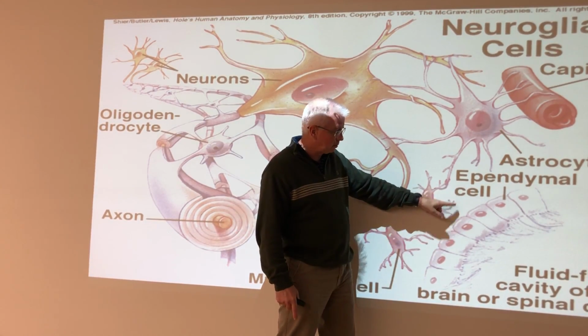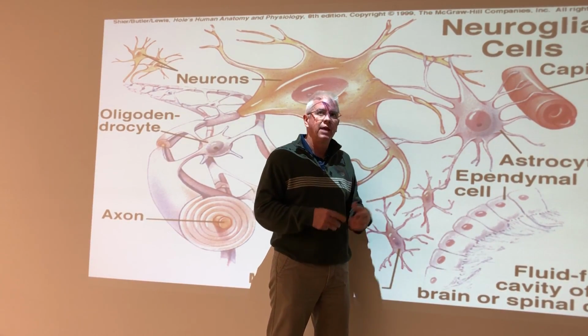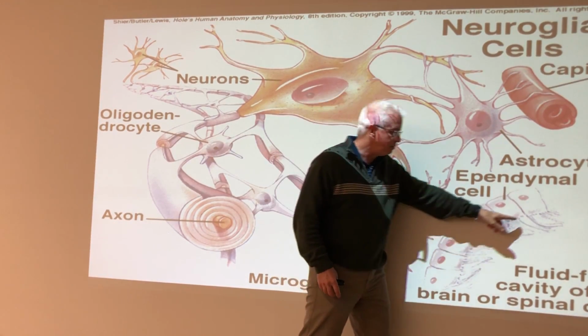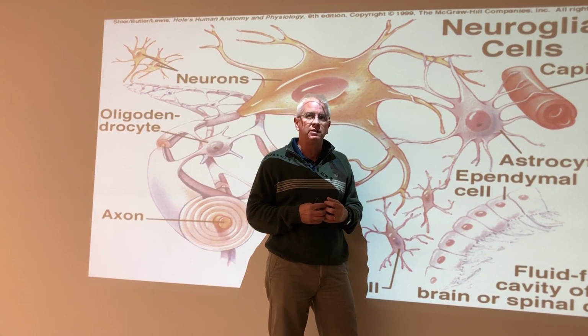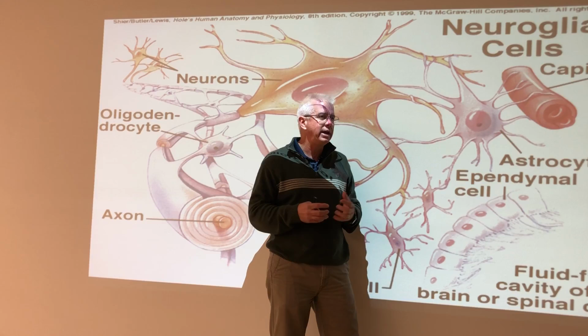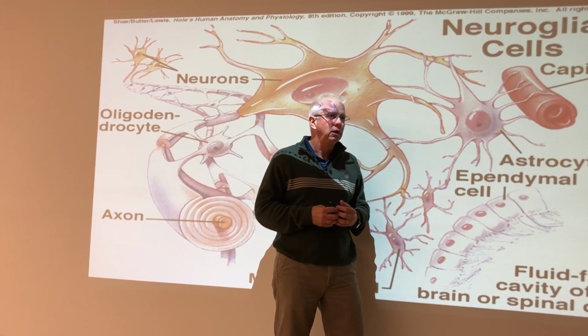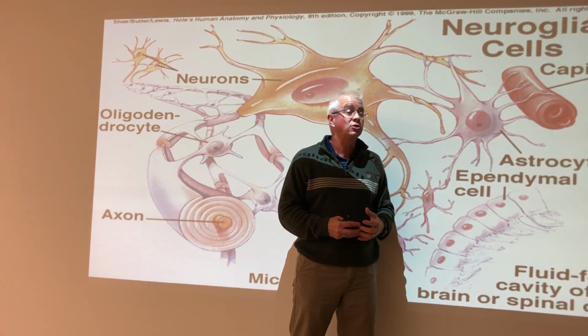So notice these ependymal cells have cilia on them. They're glial cells, and the cilia are just like cilia anywhere else. They have the ability to move. And we know that the movement of the cilia of the ependymal cells is an important piece in explaining why cerebrospinal fluid actually circulates through the system. You don't just put it in the brain and leave it sitting there. It's actually moving through the system.